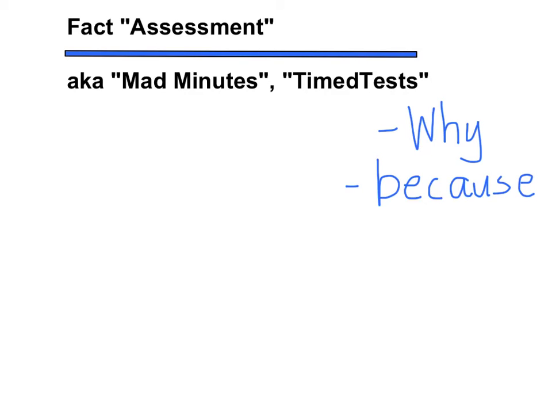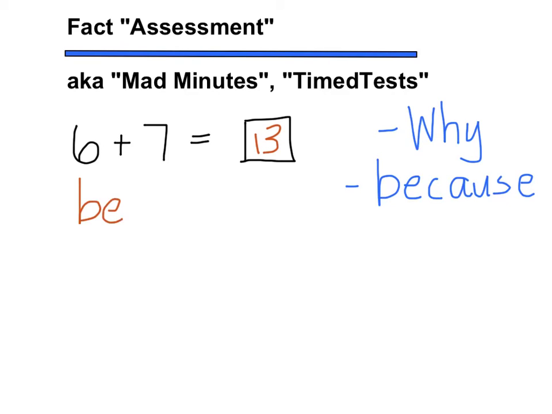For instance, if we ask the children to tell us the sum 6 plus 7, they'll give the answer, but we'll encourage them to complete their response with the because.